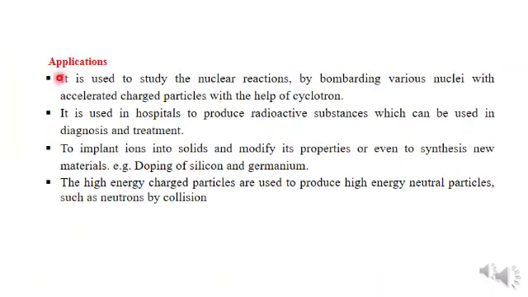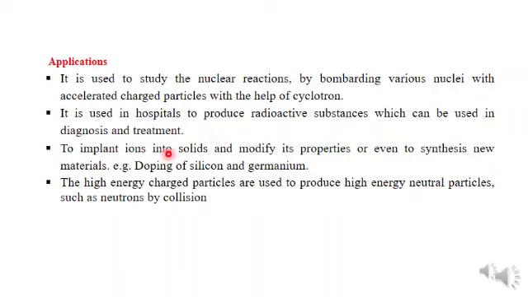Applications of cyclotron. It is used to study the nuclear reactions by bombarding various nuclei with accelerated charged particles with the help of a cyclotron. It is used in hospitals to produce radioactive substances which can be used in diagnosis and treatment.